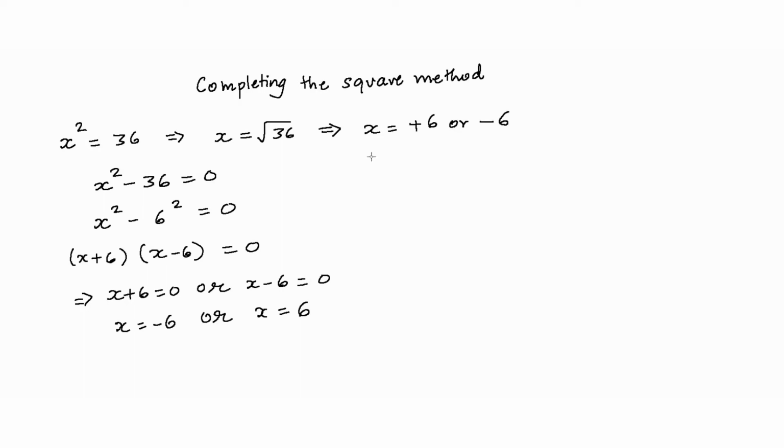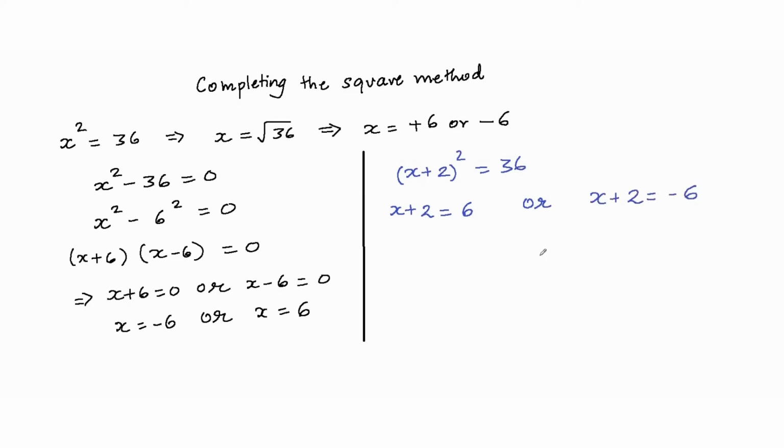Now, can I adopt the same idea when I have something like, let's assume I have x plus 2 the whole square is equal to 36? Okay, so if x plus 2 the whole square is 36, then I can say that x plus 2 is equal to positive 6, or I can also say that x plus 2 is equal to negative 6, right?